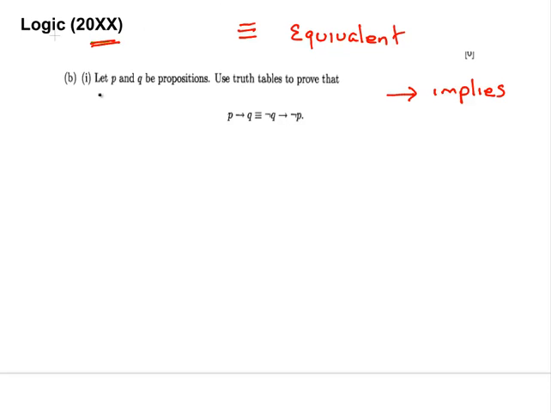So okay, let's start off by making a truth table for the left-hand side, and then we'll do a truth table for the right-hand side. So, truth table for the left-hand side. Let's get the pen out.